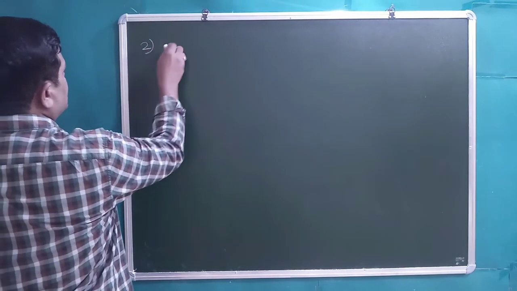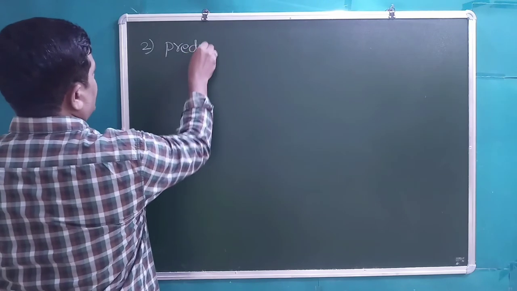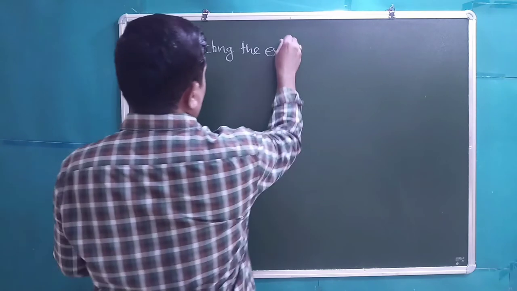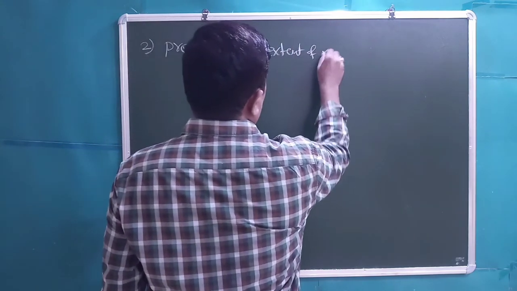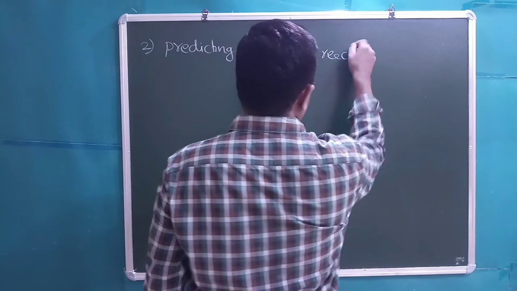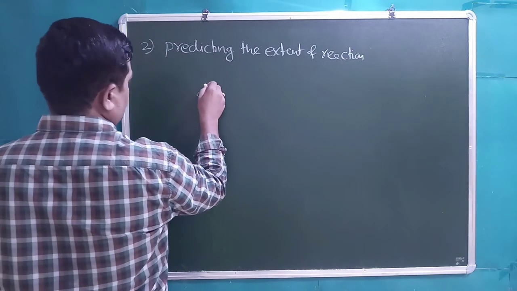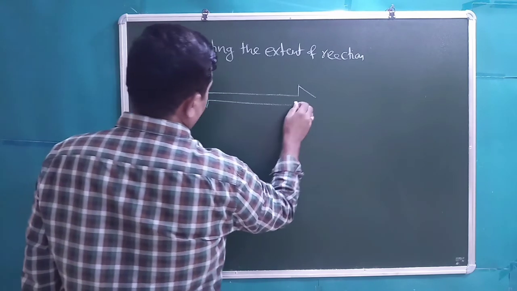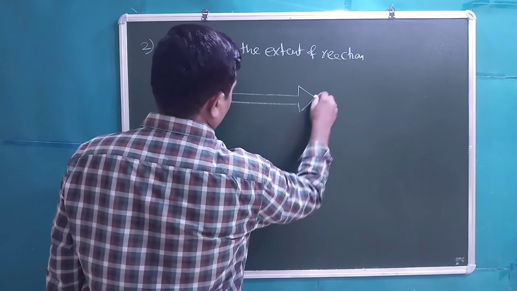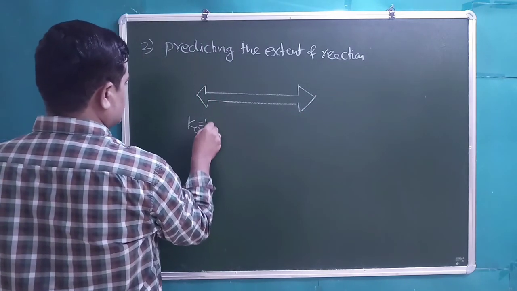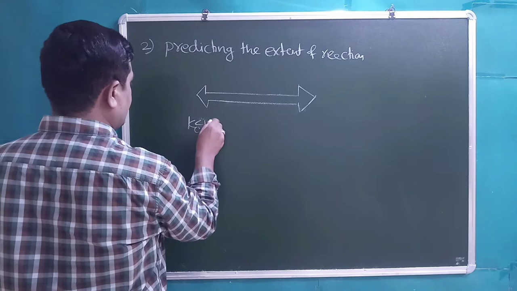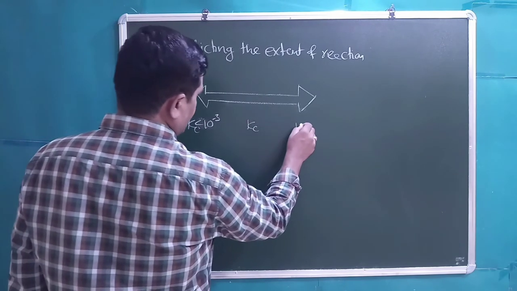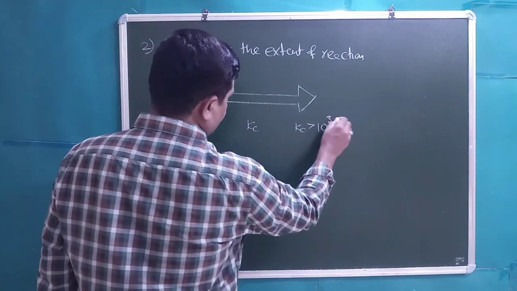Students, let us discuss the second application now. The second application is predicting the extent of reaction. Consider Kc being lesser than 10 power minus 3, Kc in between these two limits, and Kc greater than 10 power 3.